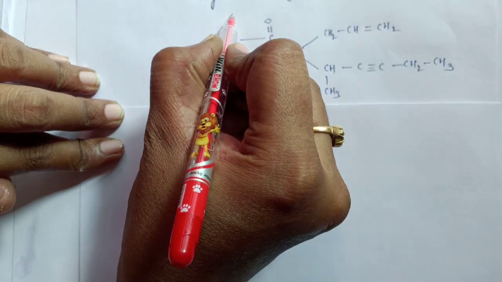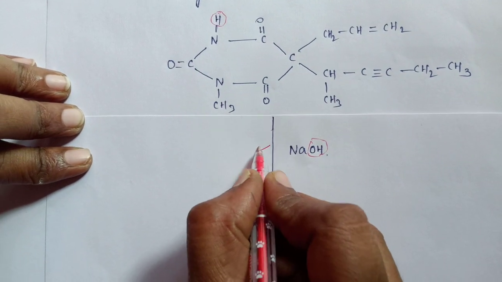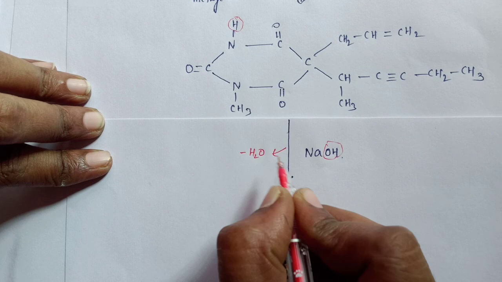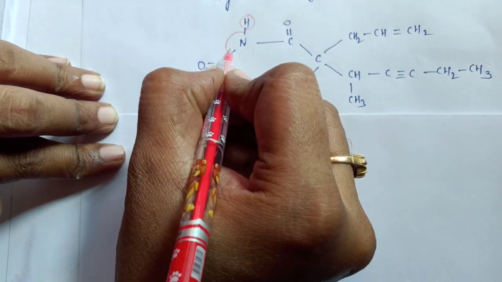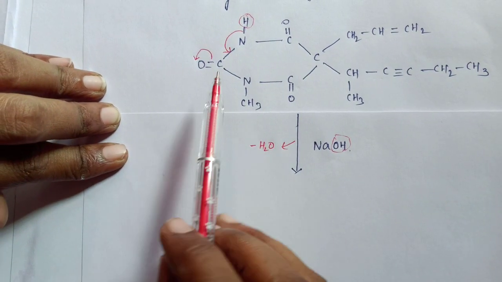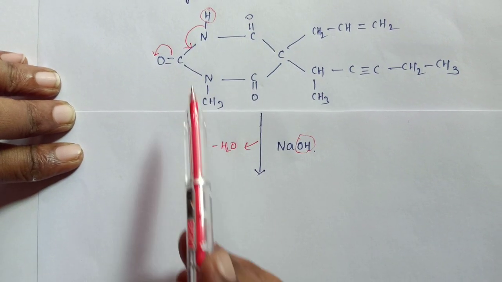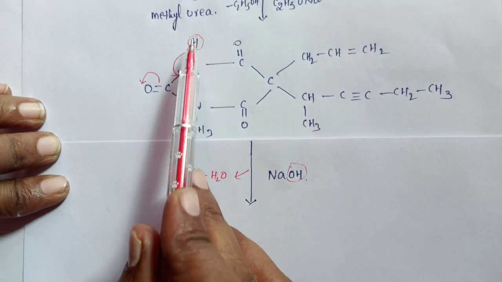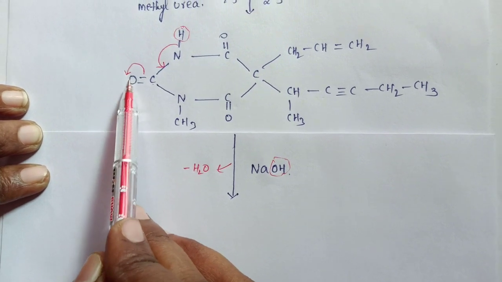The H plus ion as well as the OH ion are both lost as a water molecule. And finally the bond shifts between carbon and nitrogen. This bond moves towards the oxygen atom. What happens here? It loses an H plus and OH as water. The bond between nitrogen and hydrogen shifts between nitrogen and carbon, and this pi bond shifts towards oxygen.